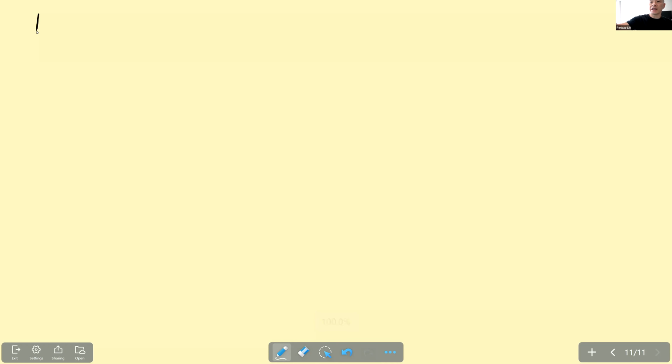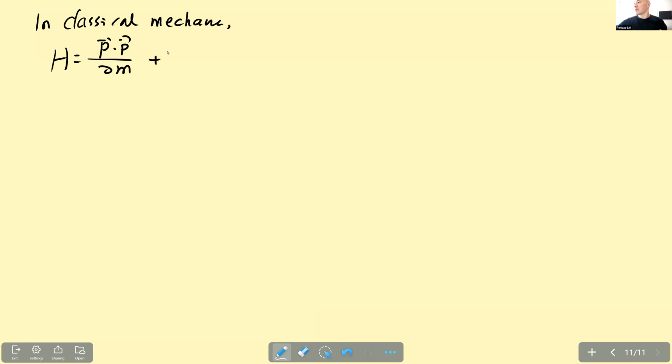You can see this easily in classical mechanics. The Hamiltonian just equals p dot p over 2m plus V(r), right?